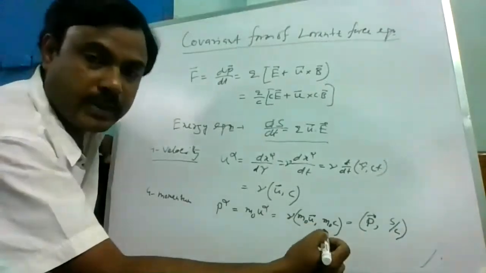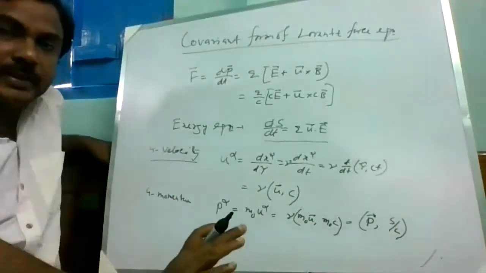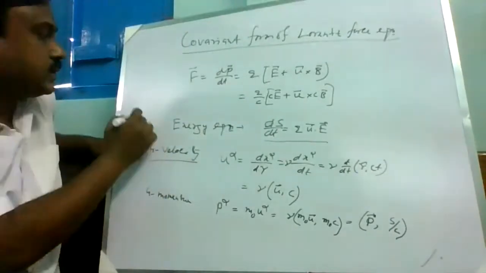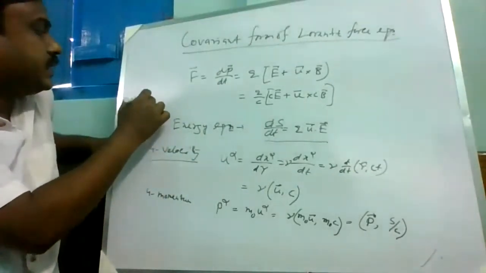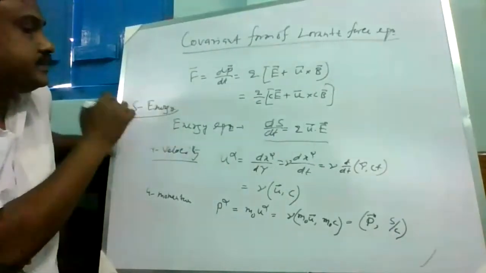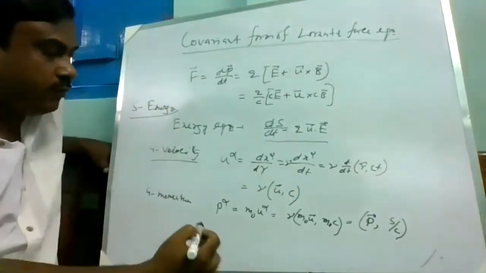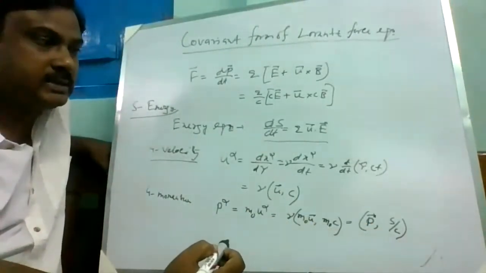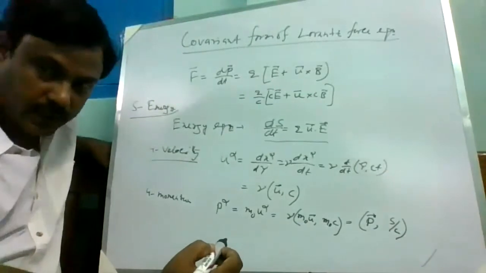We have used S as the total energy. So the four-momentum is (p, S by c), where S is the total energy.